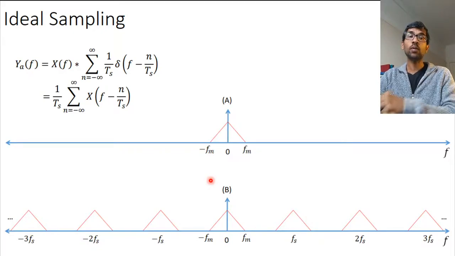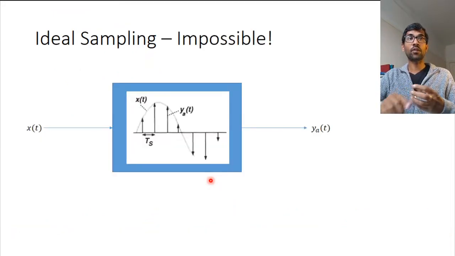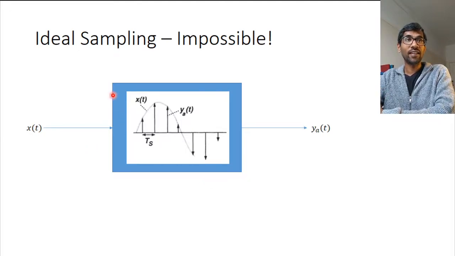Okay, now I want to just talk about the fact that ideal sampling is impossible. Again, let's think about this sampler here. This sampler is going from this x(t), this signal, to x_a(t), which is just samples of the signal. Now, what does that involve? It involves two things.